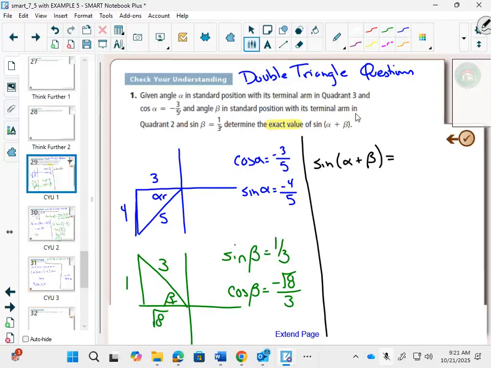And we have formulas for sine alpha plus beta. We look on our formula sheet, and sine alpha plus beta is sine alpha cos beta plus cos alpha sine beta.